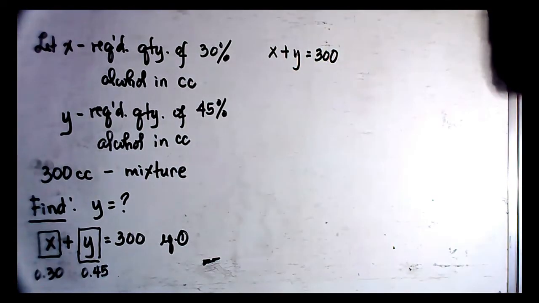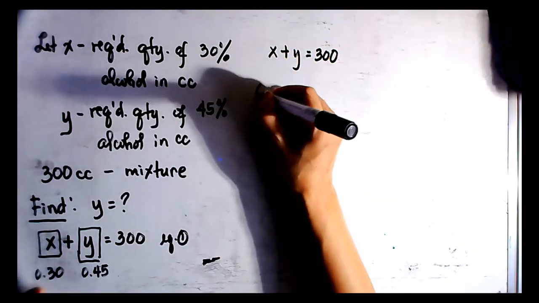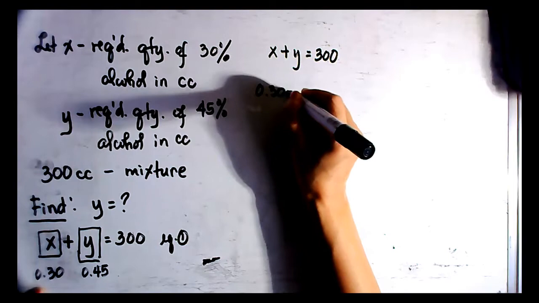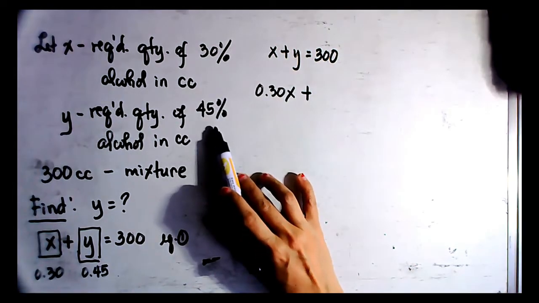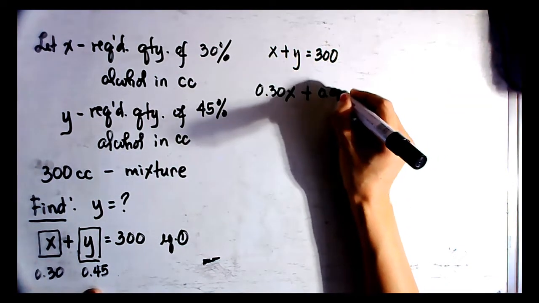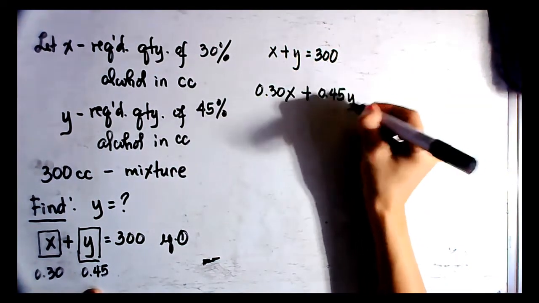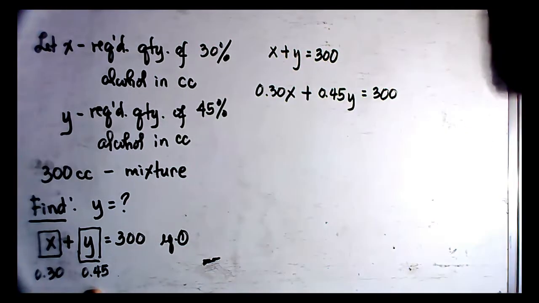Then another equation that we should arrive at will be representing the solution. In terms of percentage, we have 30% alcohol for X, so that means 30% of X plus 45% alcohol in Y. That would mean 0.45 multiplied by Y. So that is the next equation that we can use.